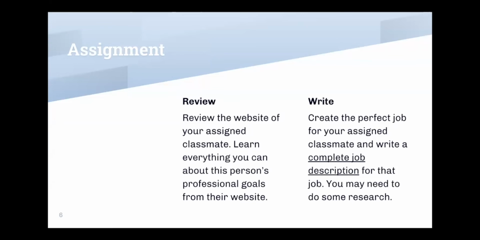The classmate's name is hyperlinked to the website that they submitted. You want to go to that website, review that website, learn everything you can about this person's professional goals from their website. Some websites are set up for people who are seeking employment. A few of the websites are set up as more business sites where they are seeking clients.